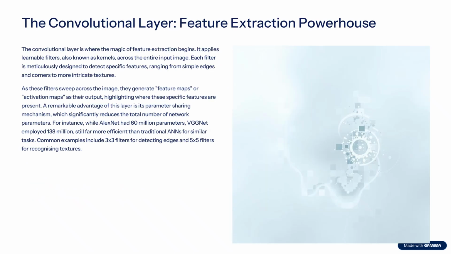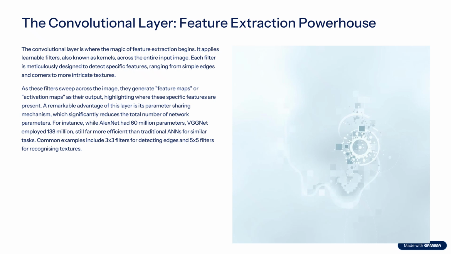The convolutional layer, the feature extraction powerhouse. The convolutional layer is where the magic of feature extraction begins. It applies learnable filters, also known as kernels, across the entire input image. Each filter is meticulously designed to detect specific features, ranging from simple edges and corners to more intricate textures.